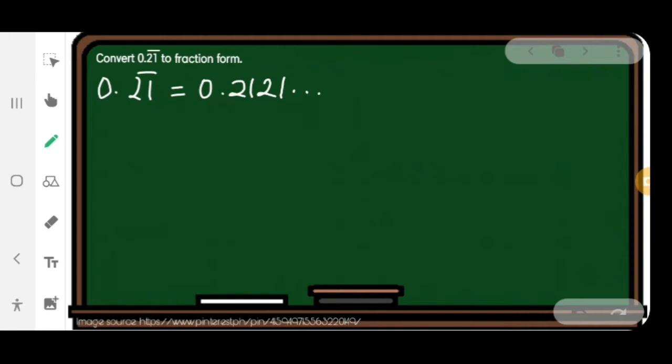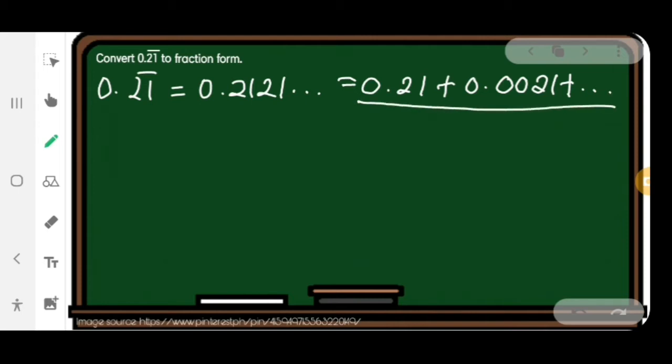And 0.2121 and so on is equal to 0.21 plus 0.0021 plus so on. So again, this is an infinite geometric series. Now let us identify the values. So t sub 1 is equal to 0.21 or 21 over 100 because we have two decimal places.